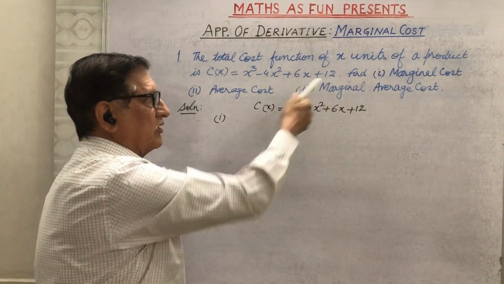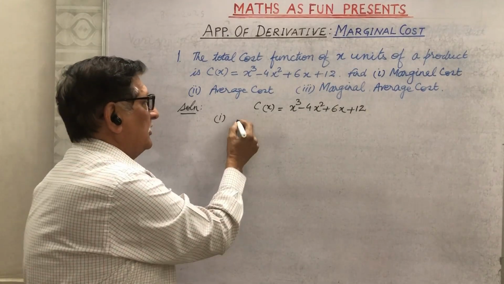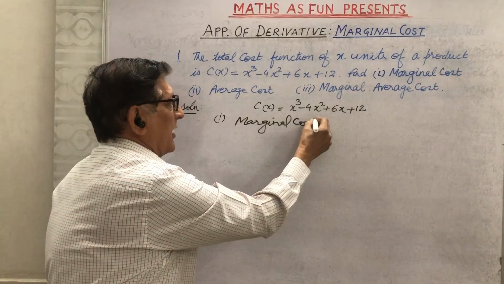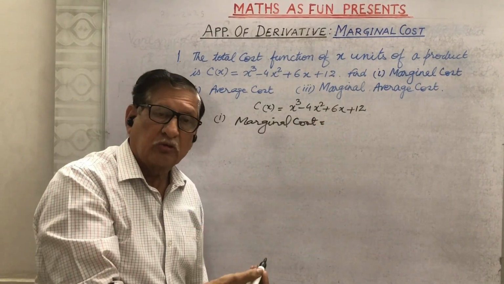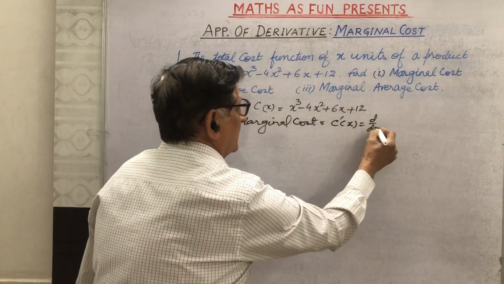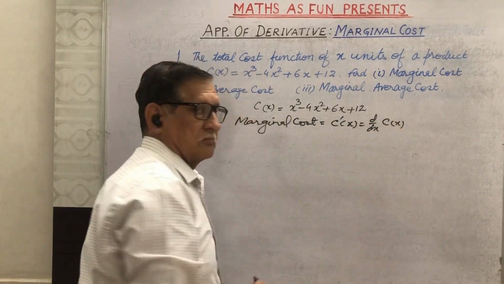First of all, we have to find the marginal cost, the first part. We know that marginal cost is C dash x, or we can say d by dx of C(x).